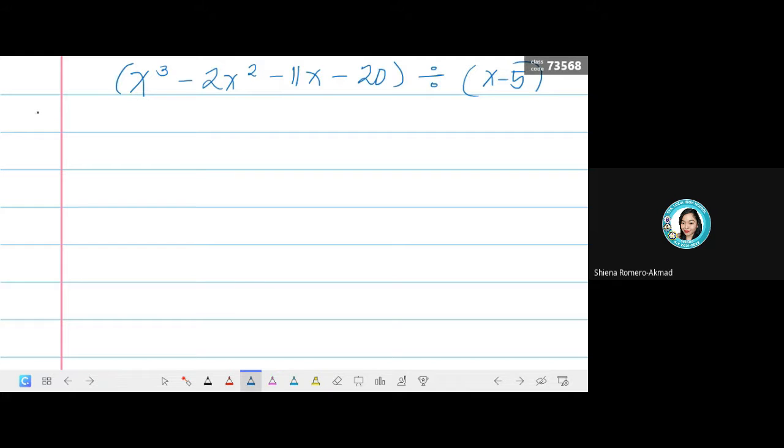Ayan yung given natin. So again, note that you have to make sure that the terms are arranged in descending order.